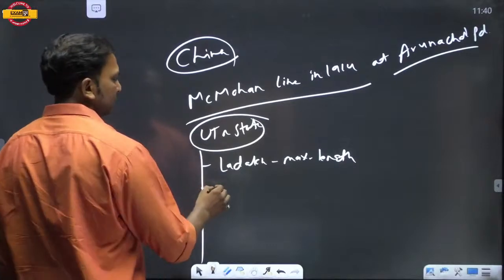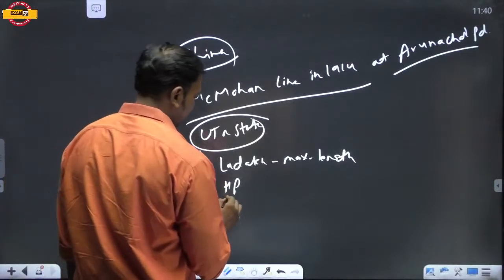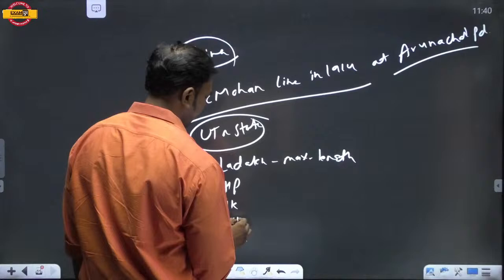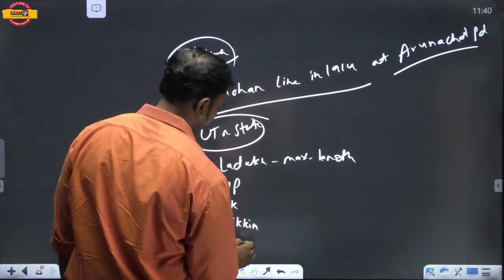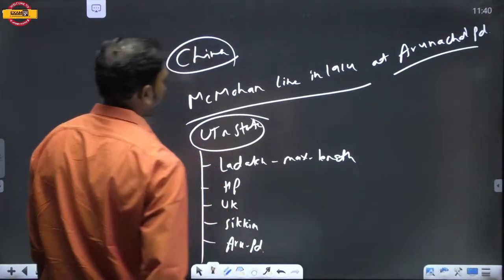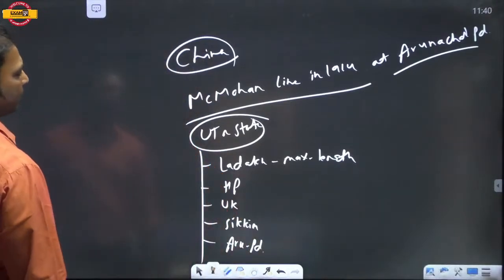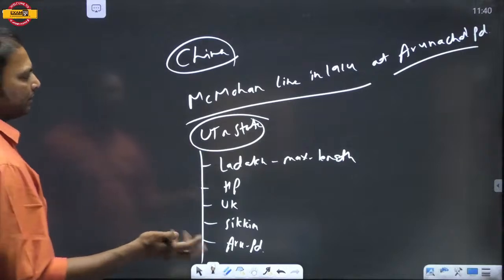Ladakh maximum length. Then you see Himachal Pradesh, Uttarakhand, Sikkim, and Arunachal Pradesh. Okay. And the full name of McMahon is Sir Henry McMahon.